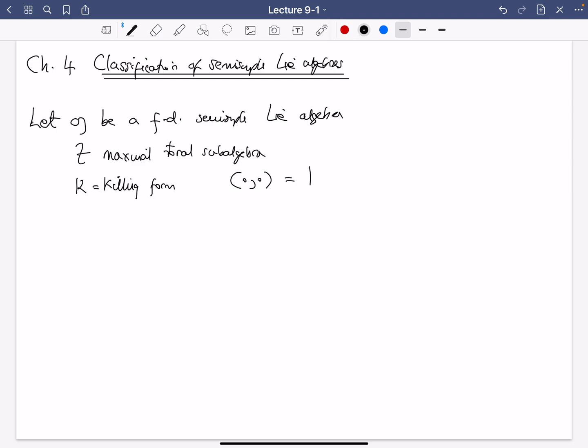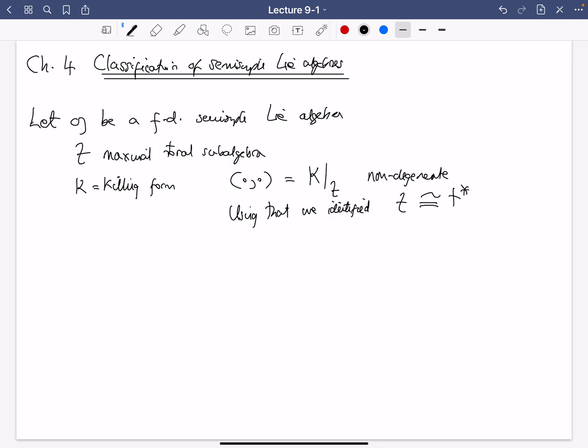That'll denote the restriction of kappa down to t, which we know is non-degenerate. And so using that, we identified t with t star. So this was all our setup back in chapter 2.